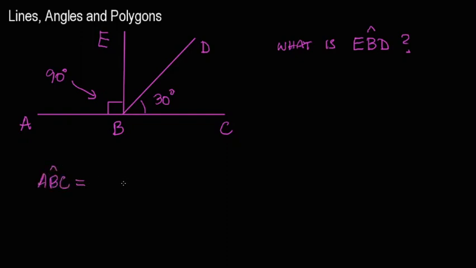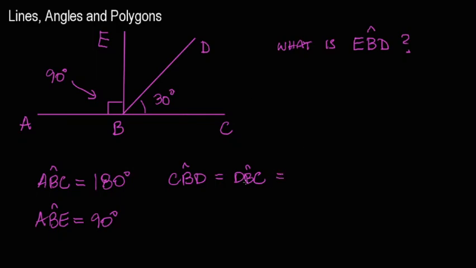So if we were to write some of those things down, ABC here, what is that angle? 180 degrees. ABC, it's a straight line. Now what about ABE? Well, because this is a square, that means it's 90 degrees. So we also know that CBD, or DBC, makes no difference.